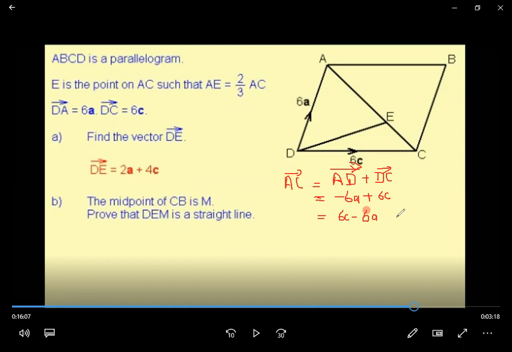But DE now, DE is moving from D to E. So this would be DE equals DC plus a third of CA.